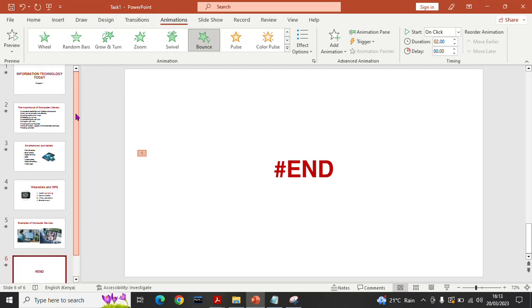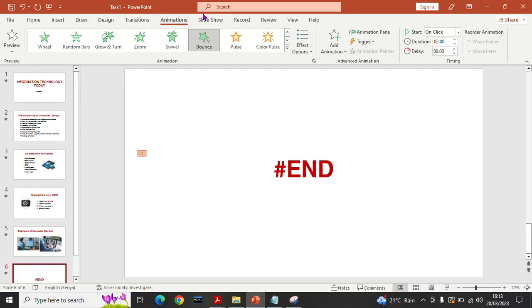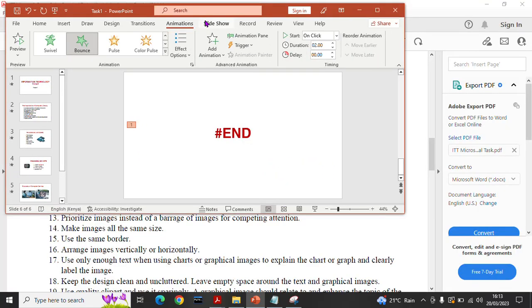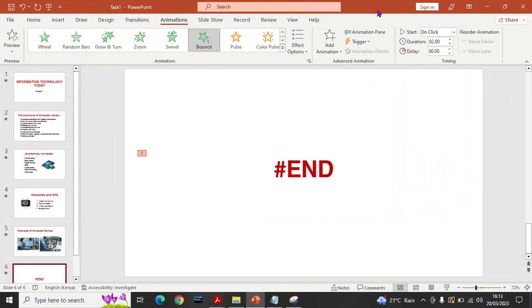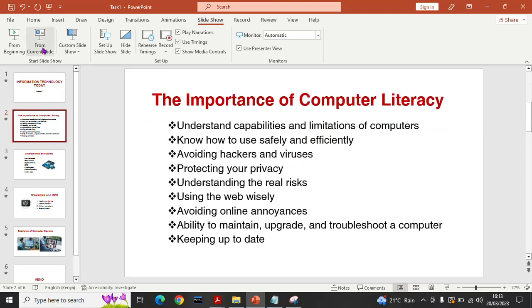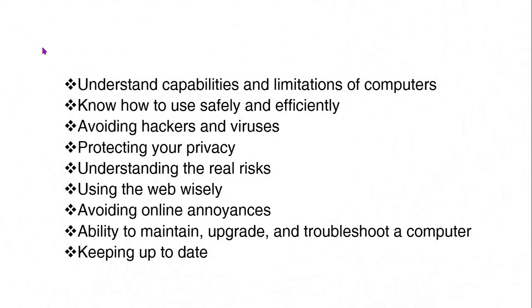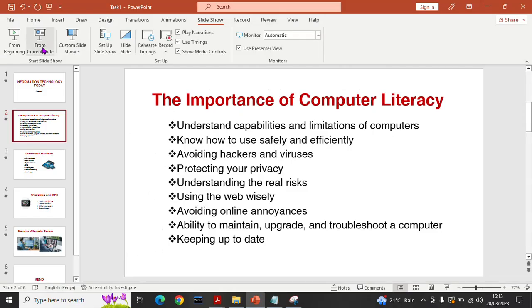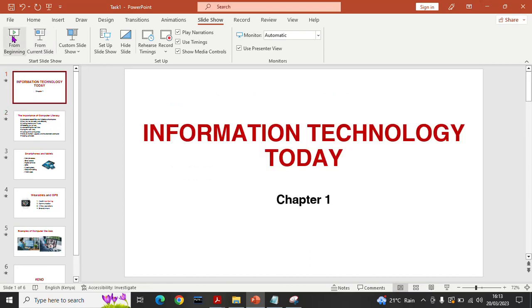To see what we have done, we go back to slideshow. You can start from the current slide, for example, I'm in slide 2, so it starts from slide 2. But let's start from slide 1, from the beginning.